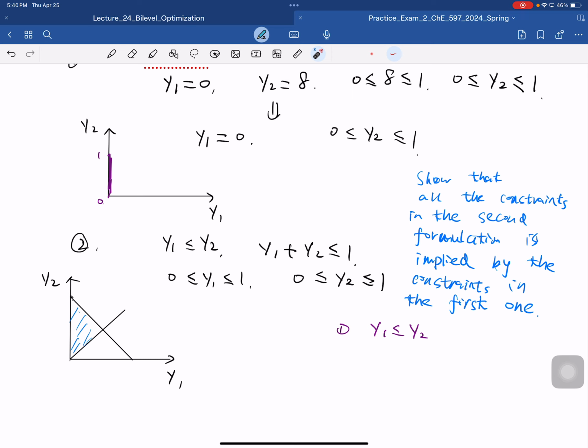You aggregate y2 greater than or equal to 0, you multiply this constraint by 1, then you get y1 less than or equal to y2.